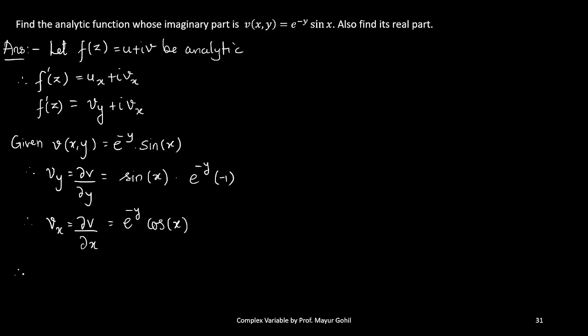Now we write down the function f dash of z. We don't go for any labeling part over here. We just put the values. The vy answer is sin x multiplied by e to the power minus y multiplied by minus 1, plus i times e to the power minus y cos x.